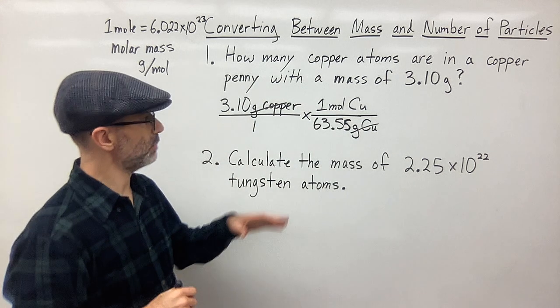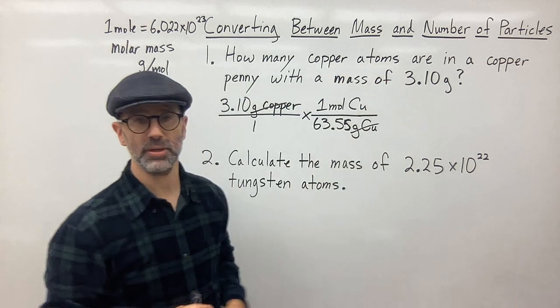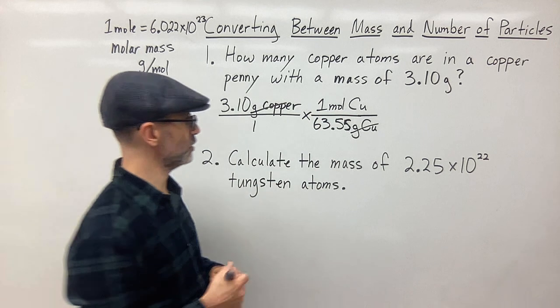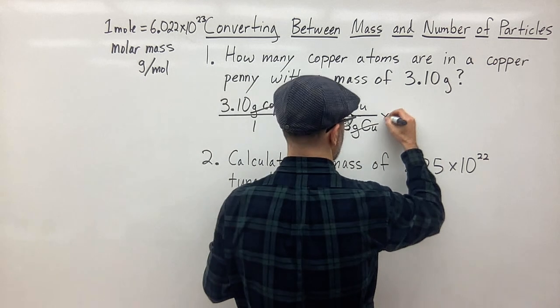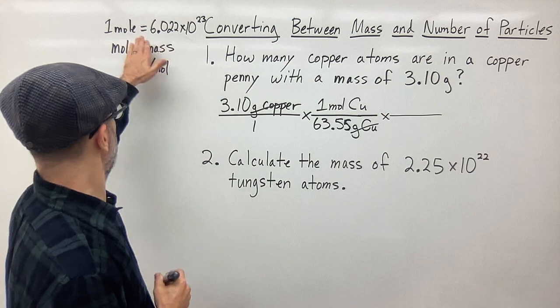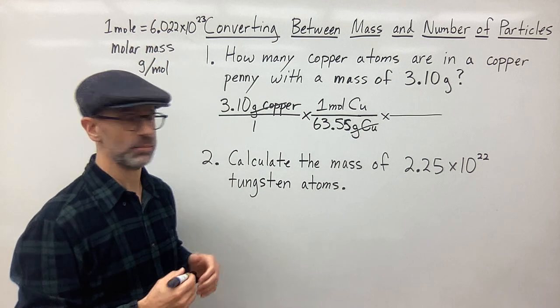I'm not done yet because I want atoms of copper. Do I have atoms of copper? No. So I need to keep going with the conversion factors. I have moles on top. Now I can use Avogadro's number: 1 mole is equal to 6.022 times 10 to the 23rd to convert to atoms.